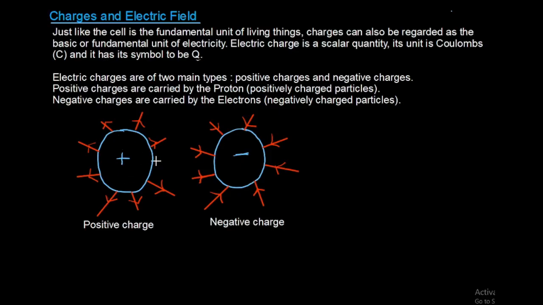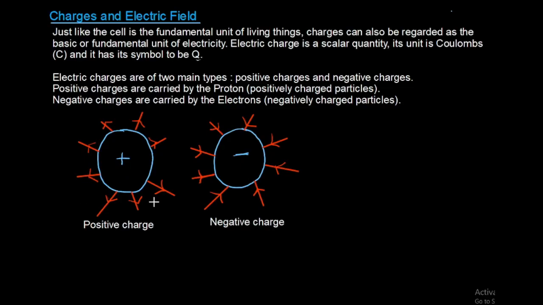Now, below here, we have the diagram for a positive charge and a negative charge. This is a positive charge, and these lines here describe the field around a positive charge. Whereas this one here is the field around a negative charge. Please take note of these diagrams. They are not the same. The field around a positive charge behaves radially outward. You can see the lines of forces. They show the direction of the electric field.